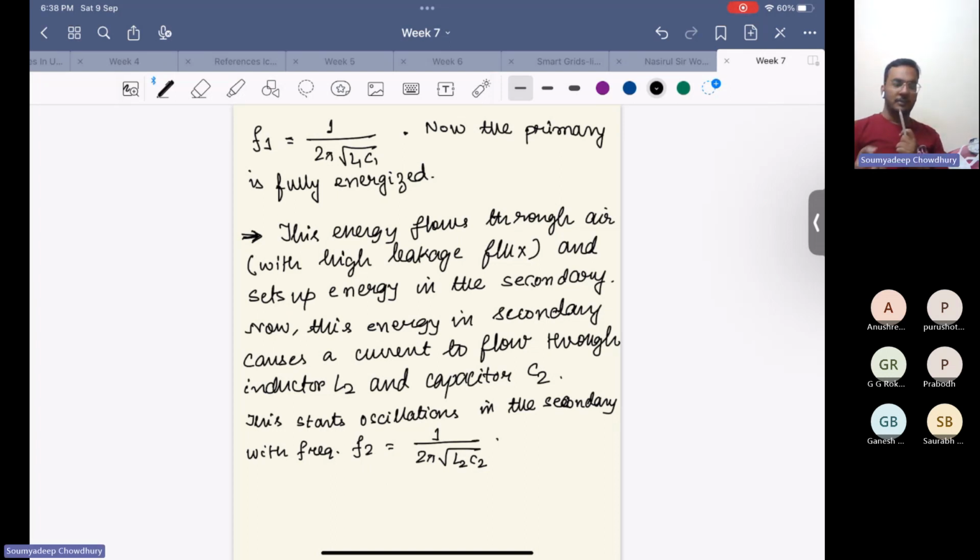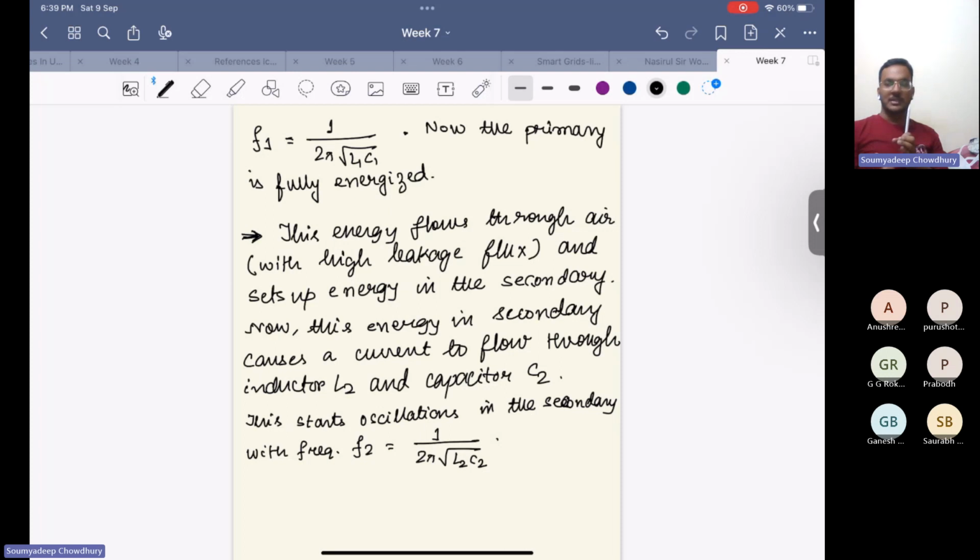Due to this flashover, there will be generation of heat and light, and hence some energy will be used up, and hence the net secondary energy will be dipping. There will be a dip in the net secondary energy. So now the energy in the secondary is less and energy in primary is more.